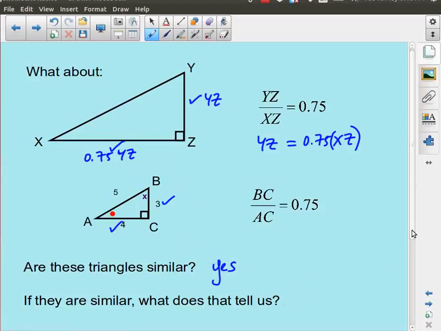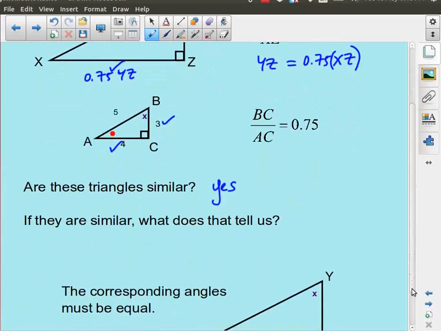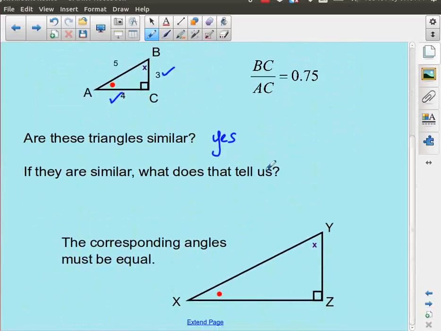But more importantly, if they are similar, one of the things that similarity tells us is that corresponding angles must be equal.